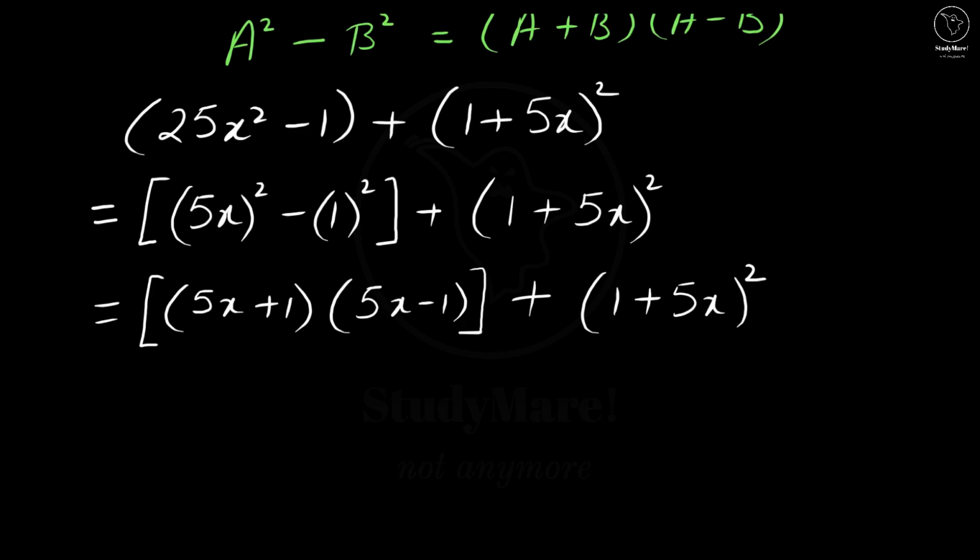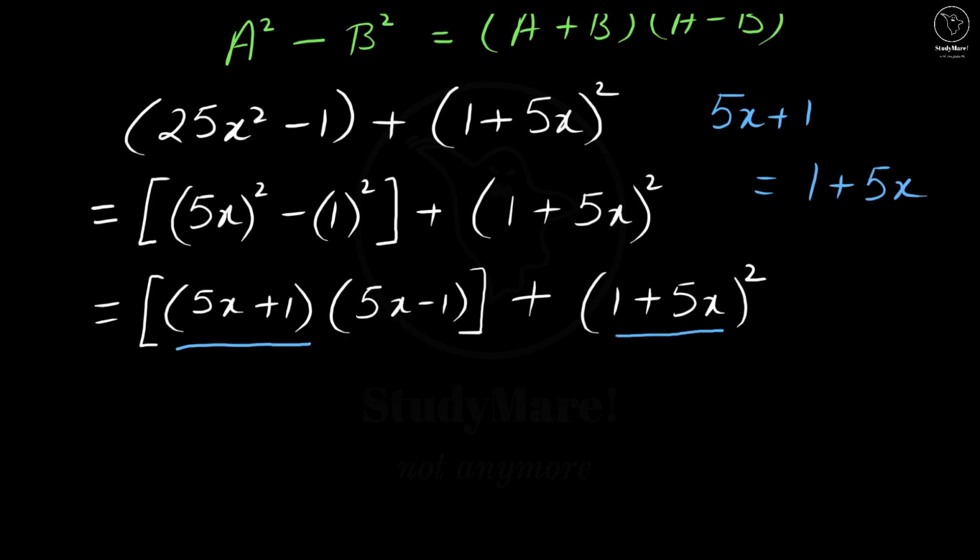Now, are we stuck? Here we have 5x plus 1 and here we have 1 plus 5x. Two different terms? Really? No, these are the same terms. You must have learned in earlier classes that 2 plus 3 is equal to 3 plus 2. That means 5x plus 1 is nothing but 1 plus 5x.